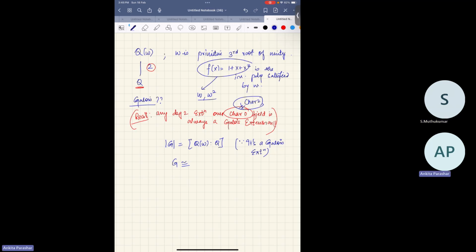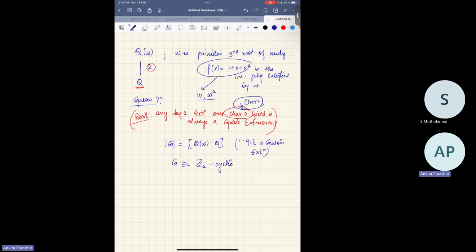So what is the order of the Galois group? It's 2. How many groups having order 2, you know? Only Z2, right?